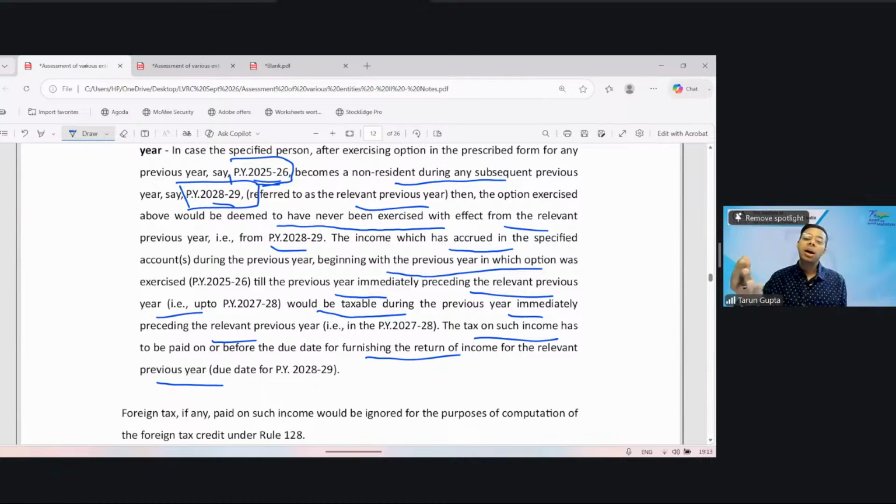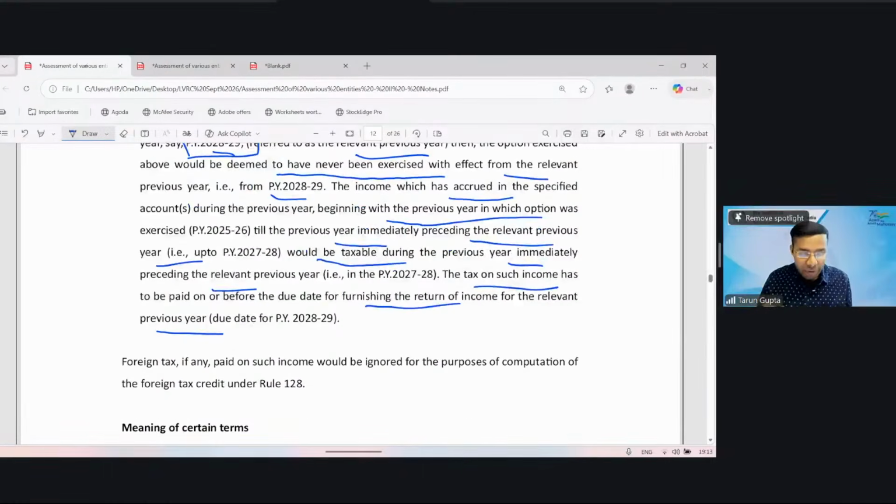There is a change in the residential status in 2029. Because of such change, this income became taxable. Okay. FTC paid on such income would be ignored for the purpose of computation of foreign tax credit.